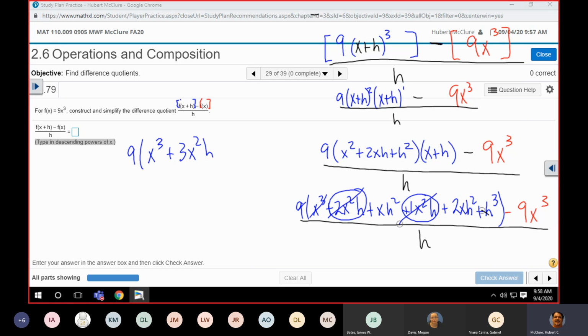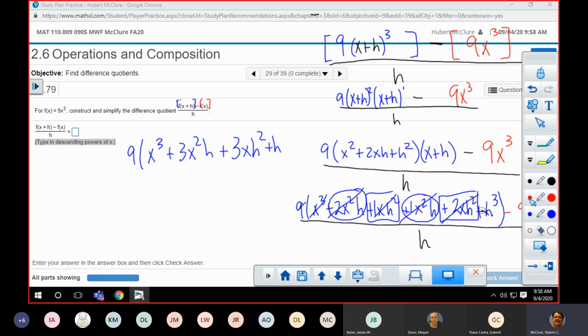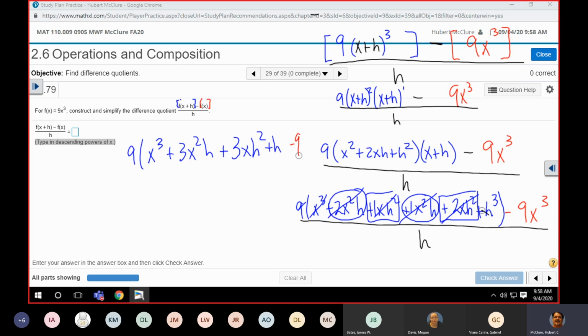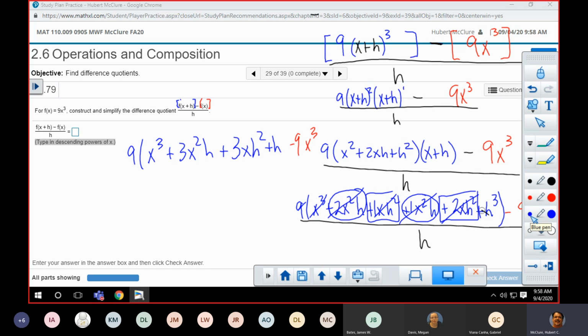And 1xh squared plus 2xh squared is 3xh squared. And then plus h to the third minus 9x cubed, and that parenthesis is still there.